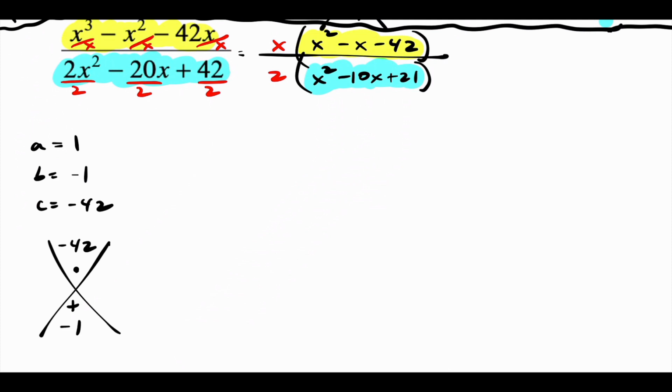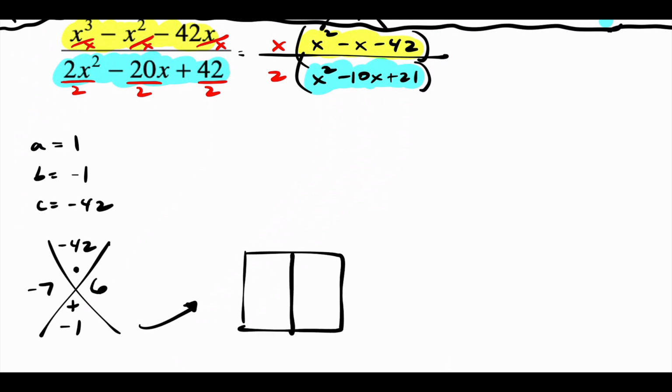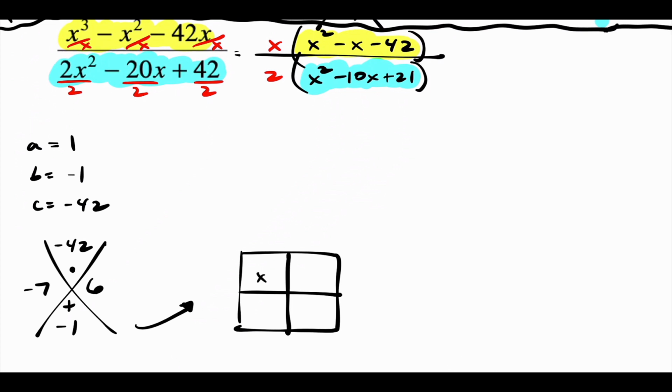So A times C. The two numbers that multiply to be negative 42 and add to be negative 1: negative 7, positive 6. So we get x squared minus 7x plus 6x minus 42.